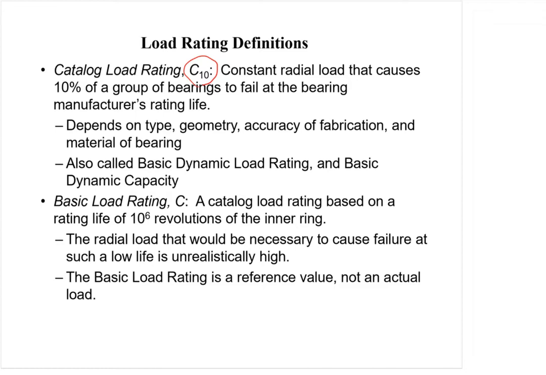And there's correlation. So there's basic load rating and all these other definitions in here. Like I said, these things are reference values, and you'd never actually use these loads on these bearings.